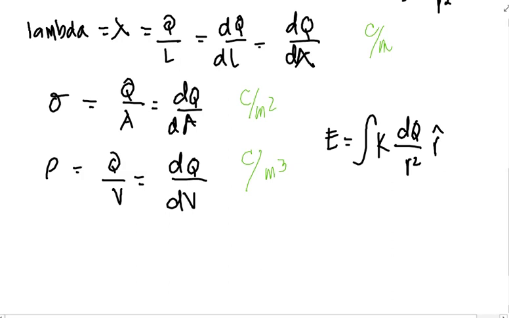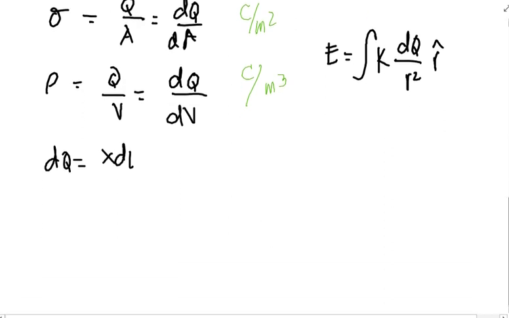So, pwede natin na-recall ang aton nga dq. Wherein ang aton nga dq will be equal to either lambda dl, or sigma dA, or rho dV.